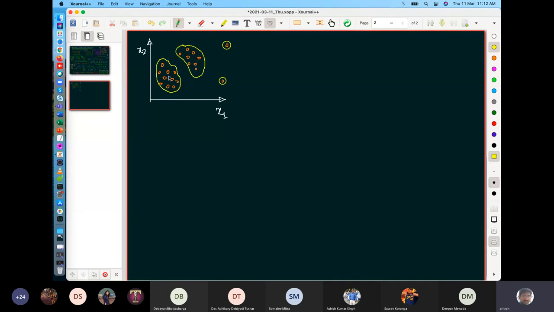Since I am looking for density, I need to first determine whether a point is within a dense boundary or not. That is my first consideration. With that, we declare something as dense points or core points.